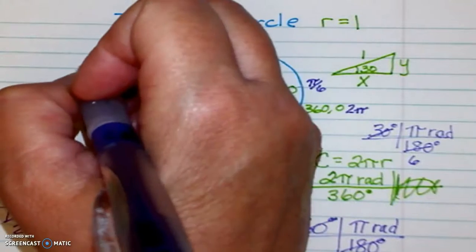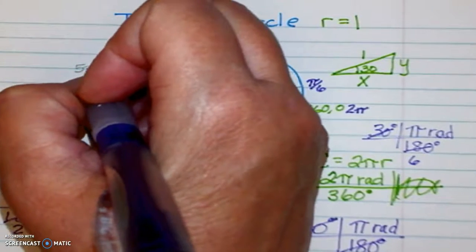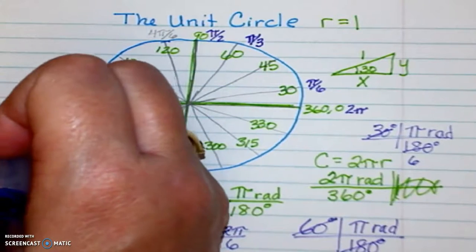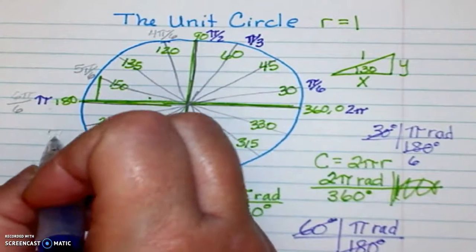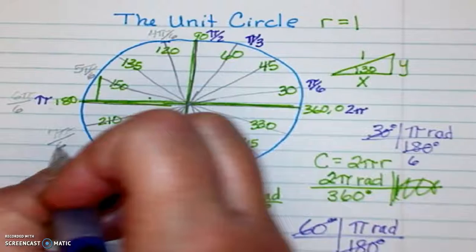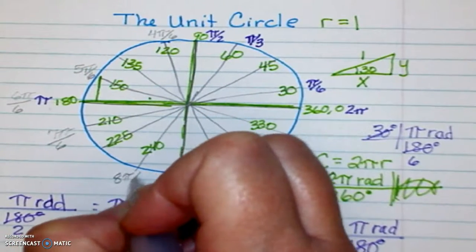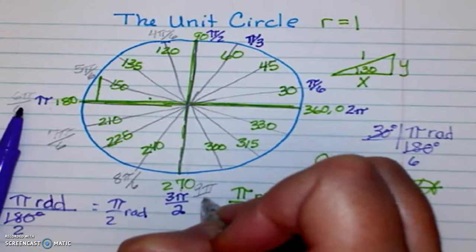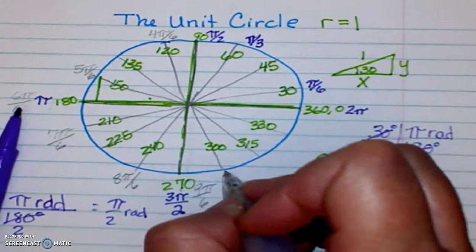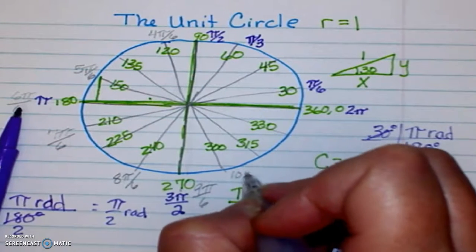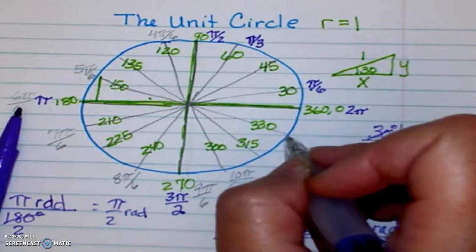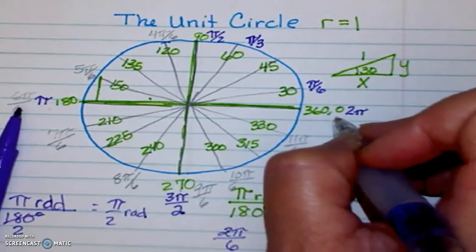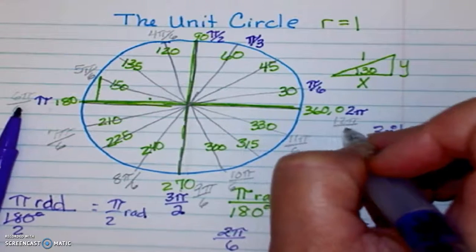I go another 30 degrees, and I am at 5 pi over 6, then 6 pi over 6, then 7 pi over 6, 8 pi over 6, 9 pi over 6. 300 degrees is another 30, so you're at 10 pi over 6, then 11 pi over 6, then 12 pi over 6.